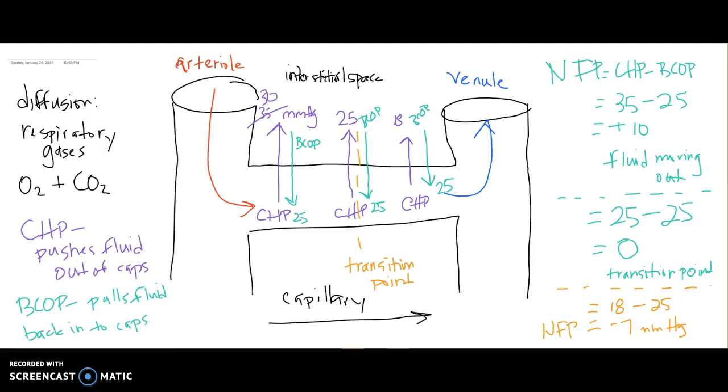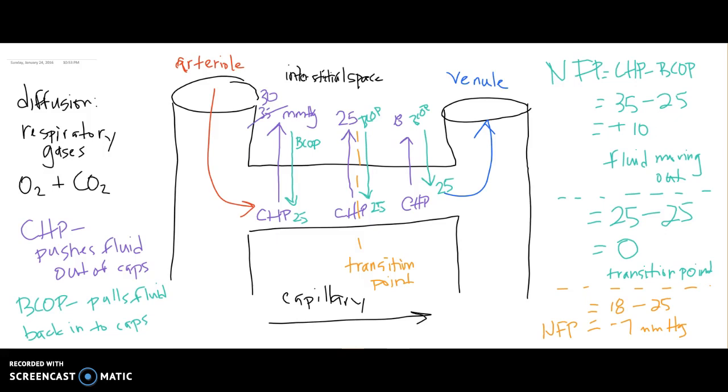That means that as the fluid runs from the arterial side to the venule side, it's going to reach that transition point sooner, which allows us to pull fluids in more easily. I'm not going to worry about the other homeostatic imbalances listed on your outline.